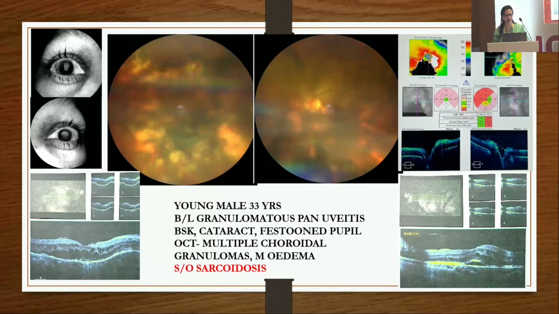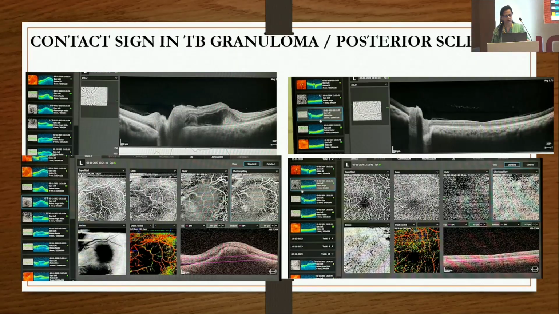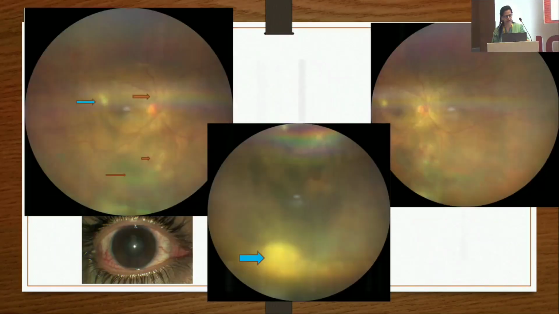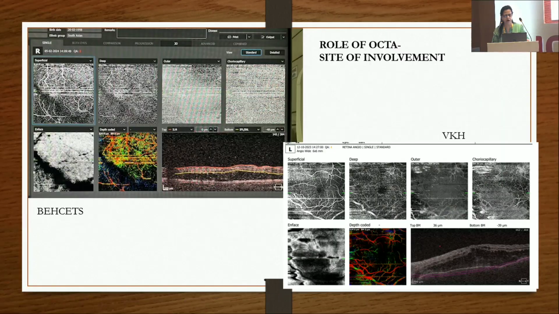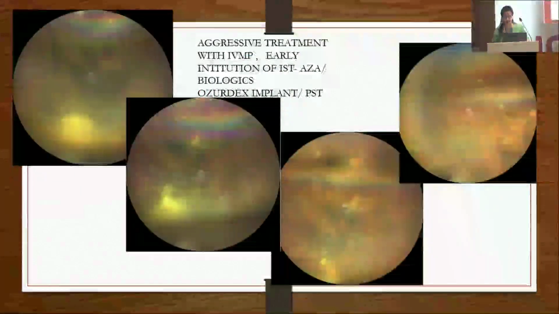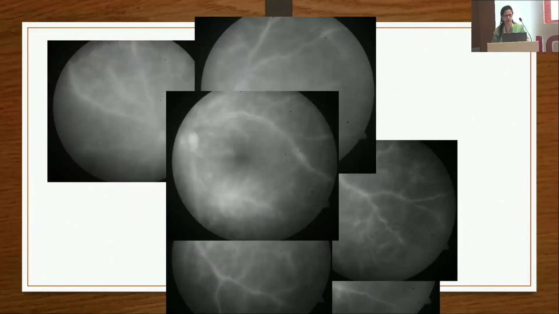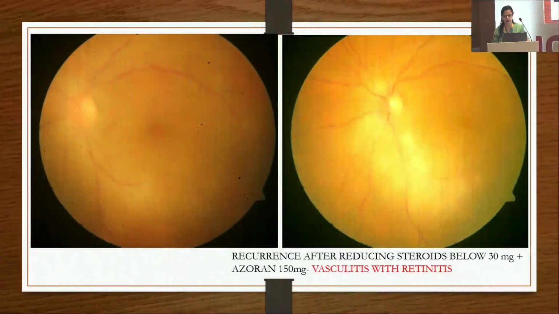Another young patient with sarcoidosis was diagnosed on OCT as having choroidal granulomas. Yes, I'm almost going to finish. So in Behçet's disease, the areas of retinitis are very well visible, and they make our diagnosis easier. I want to show just one patient of retinitis.